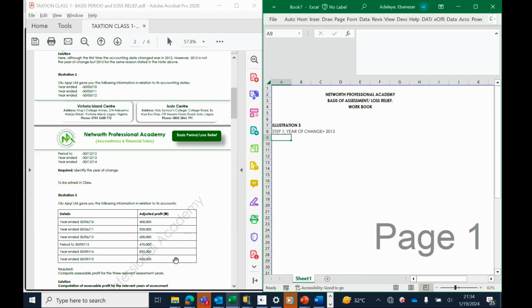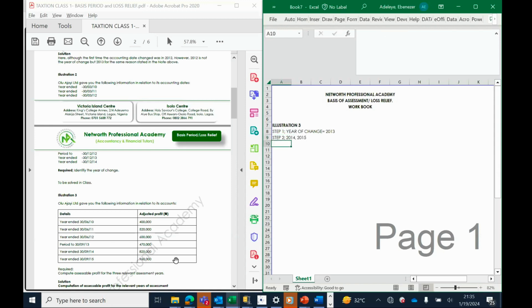Step 2 says that we should select the 2 years following that. What are the 2 years following that? Muibat. September 2014 and just the 2015. Okay, 2014, 2015.